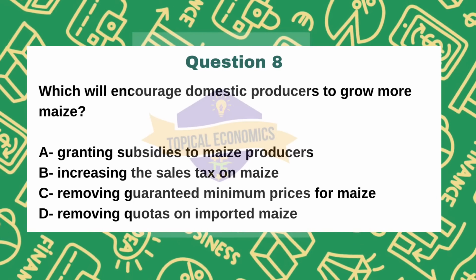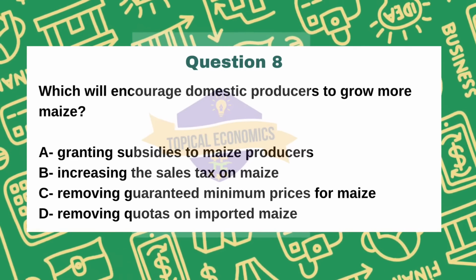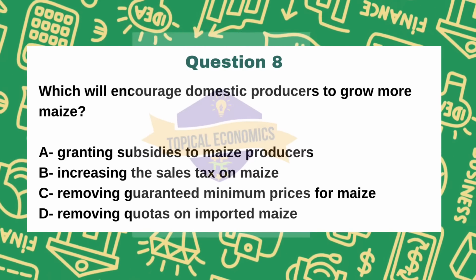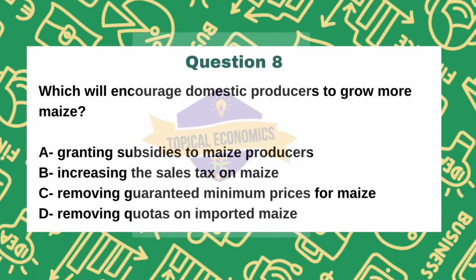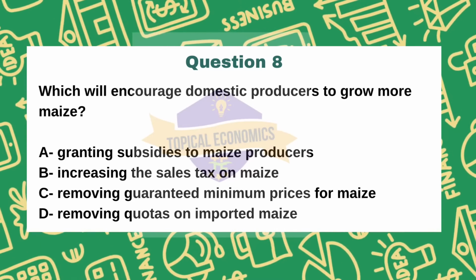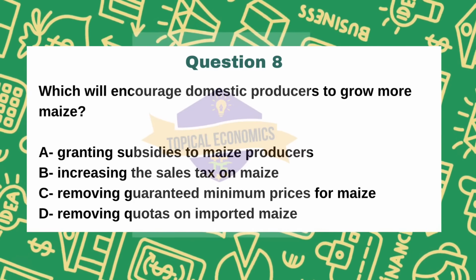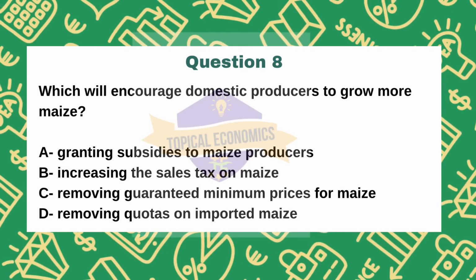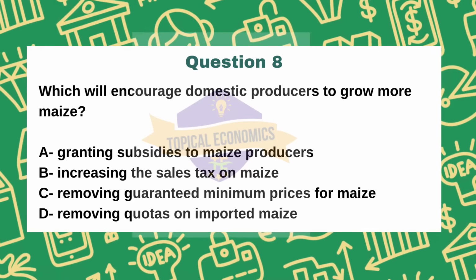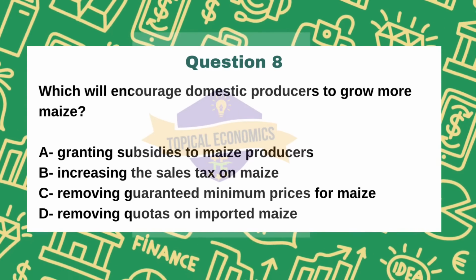Option C, removing guaranteed minimum prices for maize, would reduce the financial security that producers have, potentially leading to less production, not more. And option D, removing quotas on imported maize, would increase competition from foreign producers, which could discourage domestic producers from growing more maize due to the increased competition and potential lower prices. Subsidies directly support domestic producers by lowering their costs, thereby encouraging them to grow more maize.